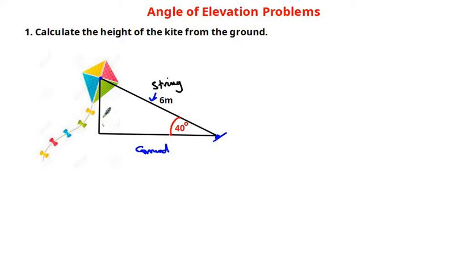The point at which the kite is directly over the ground would be this point right here. The line that connects the kite, not the string, to the ground, we can say it's perpendicular, and perpendicular means 90 degrees.